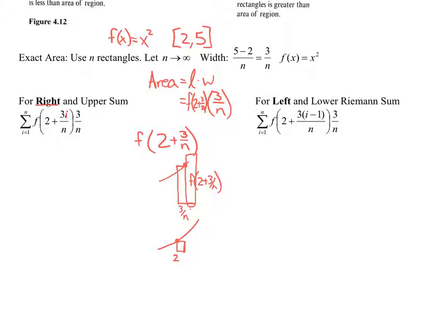Notice I'm starting at 2 for the first one, and then it's going to have a width of 3 over n, so that's going to be 2 plus 3 over n. That comes up here, and then that's my second rectangle, and so on.